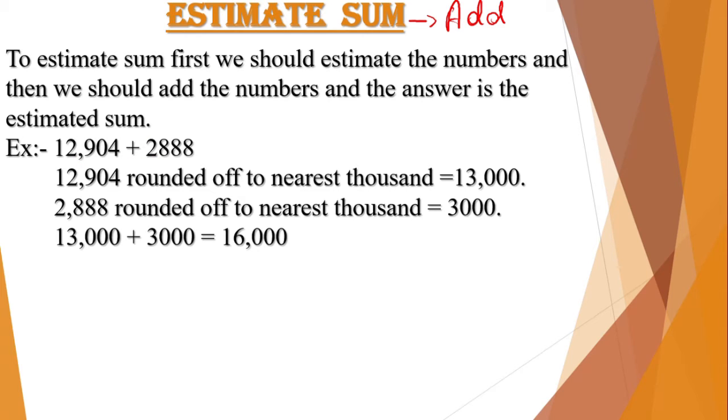So let's begin to estimate the first number, which is 12,904. First we are estimating to the nearest thousands, right? So we should circle 2 because it's in the thousands place, and we should circle 9 because it's next to 2. And we should check if the second circle digit, which is 9, is in the first group or second group.